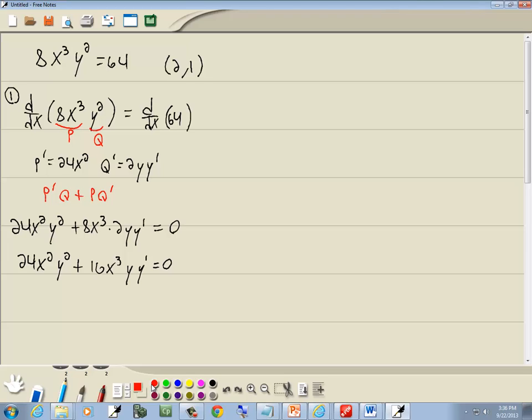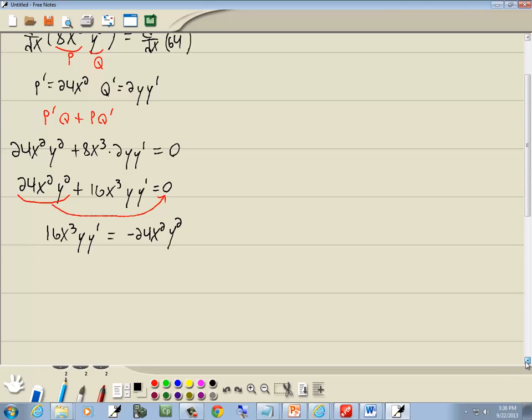Second step is get rid of fractions, don't have any. Third step is to get everything with y prime on one side, everything else on the other. So I'll take the 24x squared y squared to the right side. So we've got 16x to the third y prime is equal to negative 24x squared y squared. Remember, you take anything across equals, your sign changes.